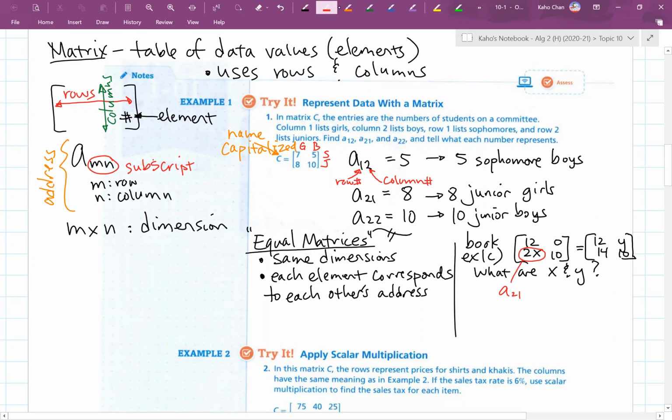It is corresponding, because of equal matrices, to the other matrix's element on the right here. So it's just another way of solving algebra in a matrix form. All you have to do is set those equal to each other, and that's it. Pretty easy peasy. 2x equals 14. Do a little math there. Undo operations, of course. x equals 7.